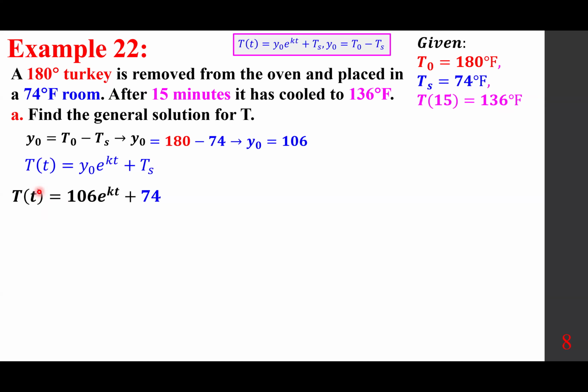If I replace the lowercase t with 15 here, then capital T becomes 136 degrees. So T of 15, 106 e to the power of k times 15 plus 74 equals 136.